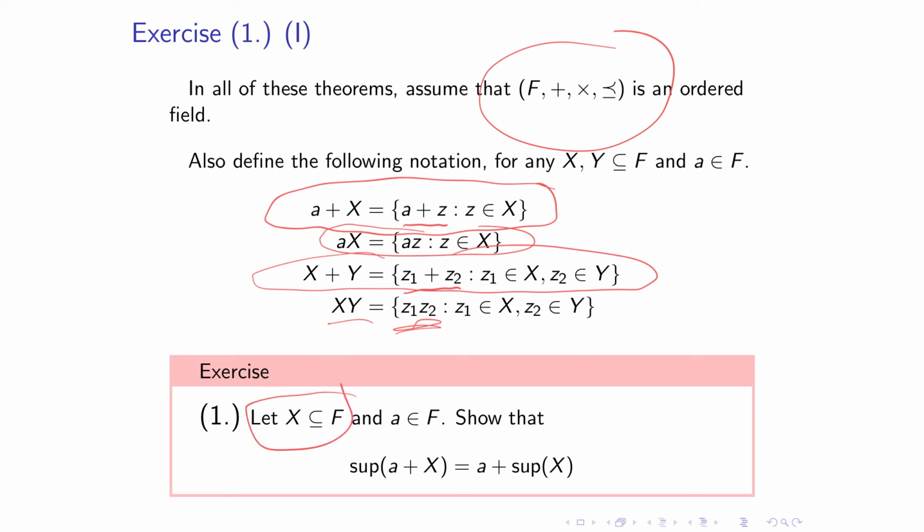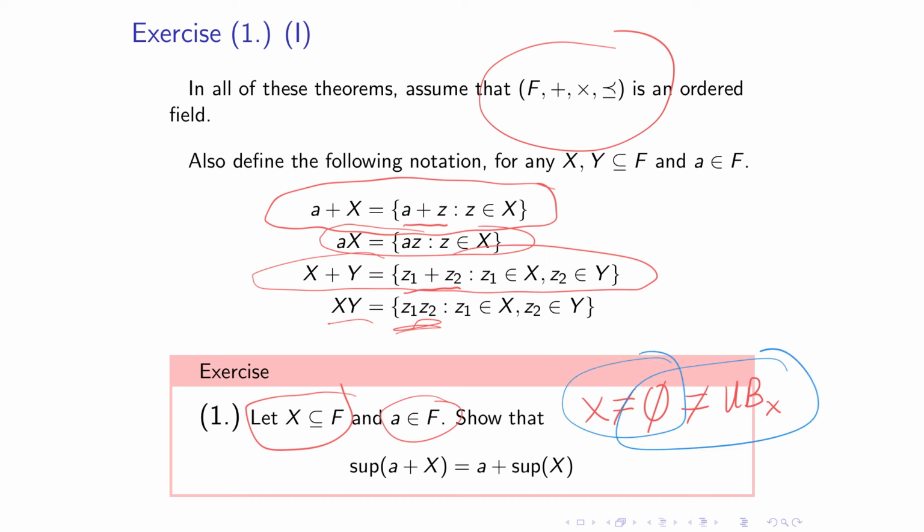We're going to let X be some subset of F, and take A an element of F. And by the way, we should also assume that X is non-empty and bounded above, so the set of upper bounds is not empty.